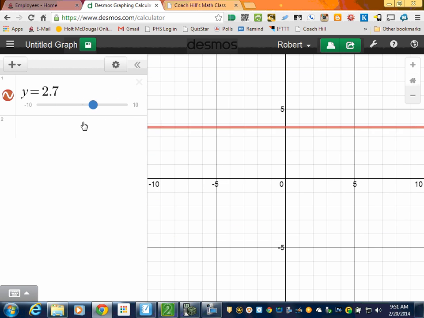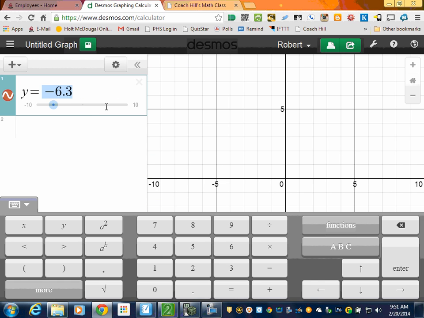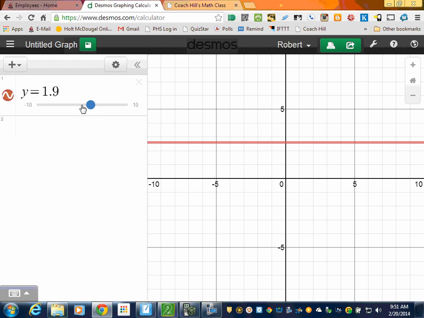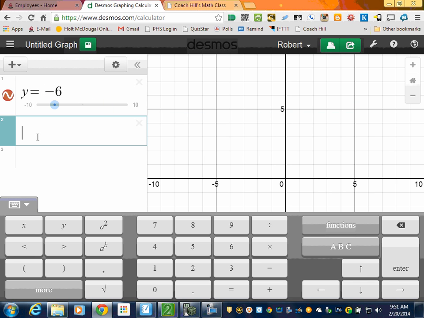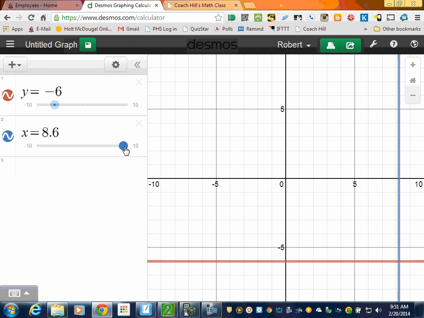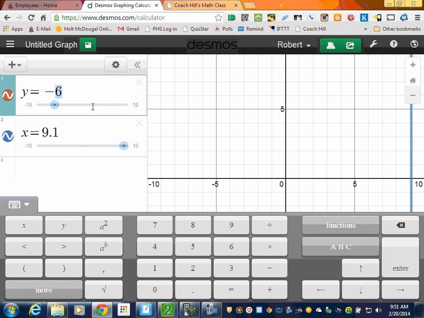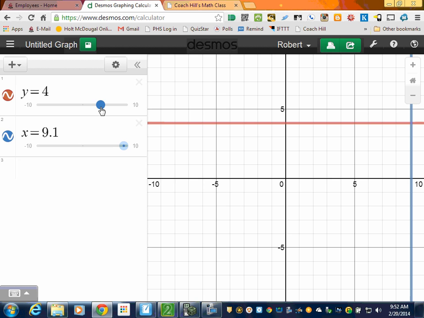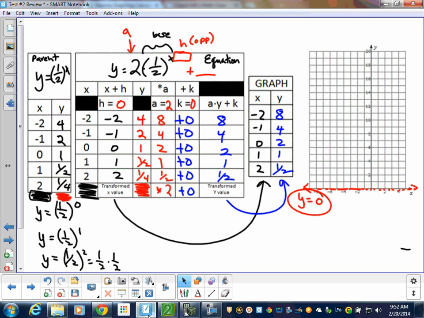Wherever it's at, y equals a number is always a horizontal line. Now, x equals a number is a vertical line. But we don't have to graph vertical lines in this thing because these things don't have vertical asymptotes. They only have horizontal asymptotes. So when you graph a horizontal asymptote, whatever that number is, it makes a horizontal line there. So this makes a horizontal line at 0 because this is 0.